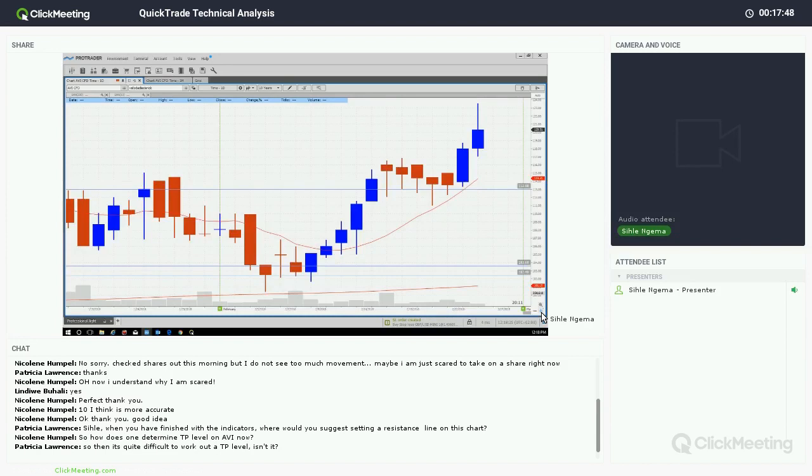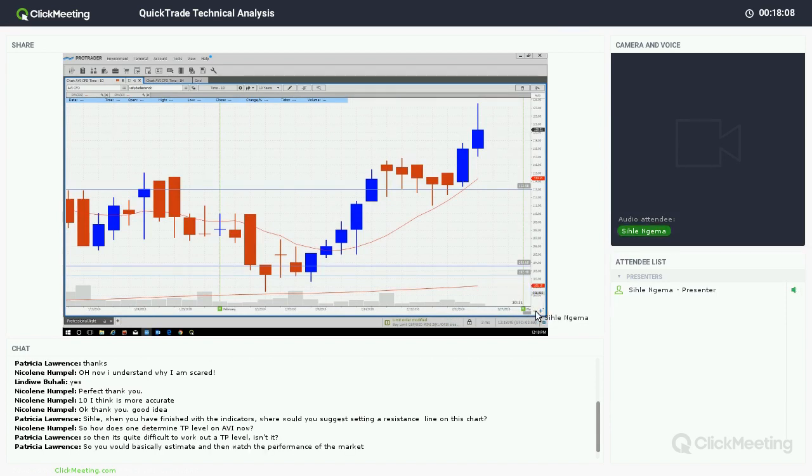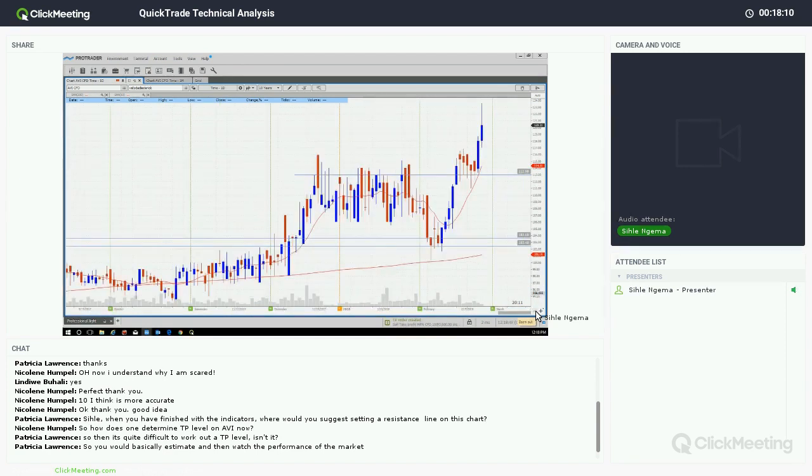So you just need to make sure that your risk reward ratio is well balanced. I think that's the only thing I can actually use to determine where to put my take profit. Otherwise, you can just ride it until it decides to change. When it changes, you can take your profits there. You wait for it to rise until it breaks below the moving average. The time it breaks below the moving average is the time that you can go in and get rid of the stock.